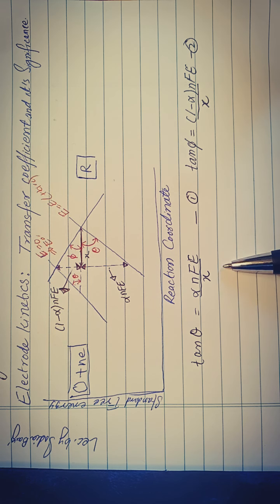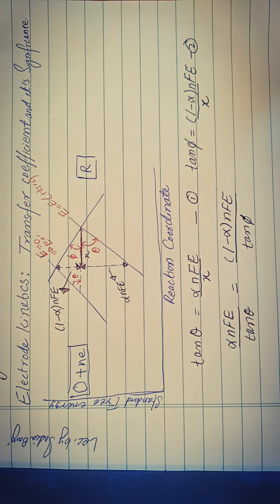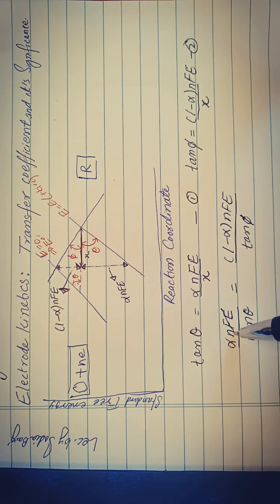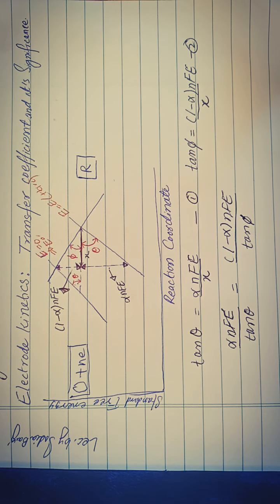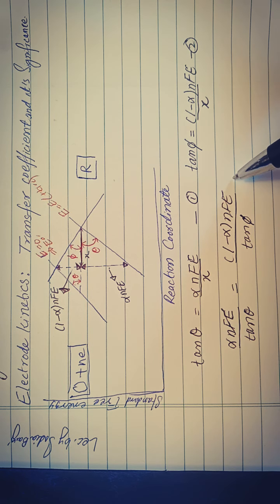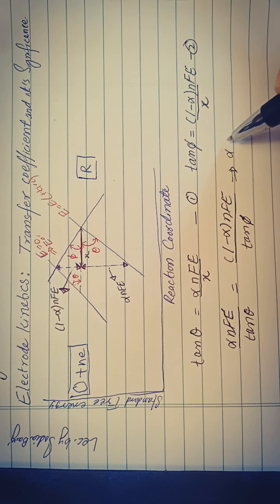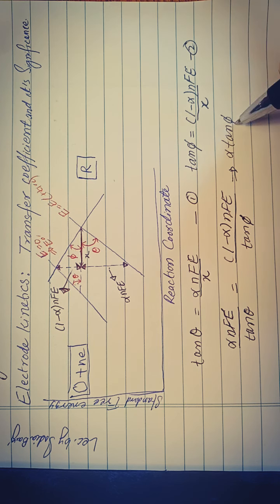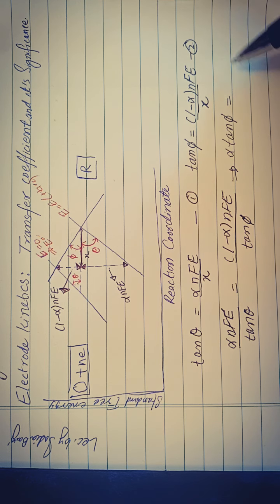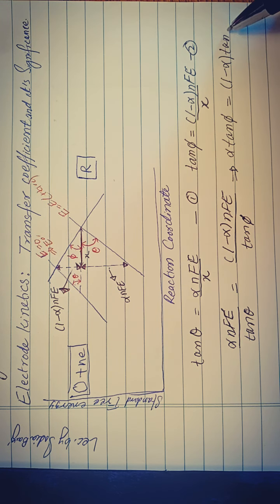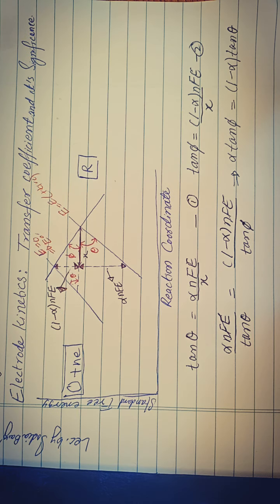Both equations have a common term, that is x, so we can compare these two equations as shown here. So these factors are common, so we get alpha tan of phi equal to 1 minus alpha tan of theta, and this equation can be rearranged.